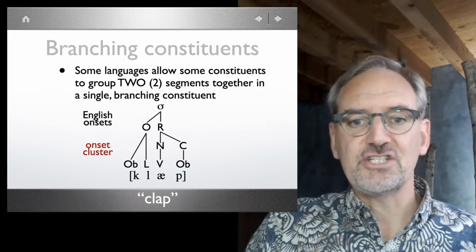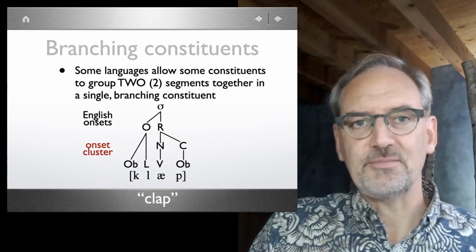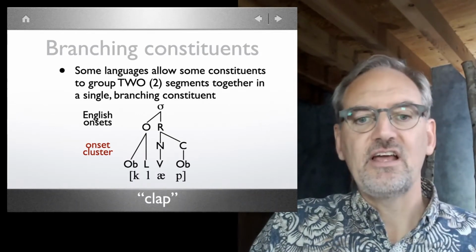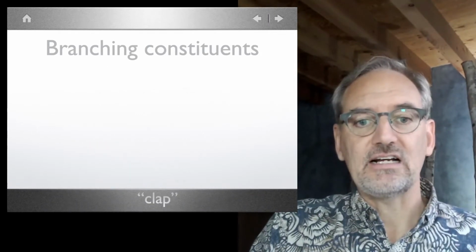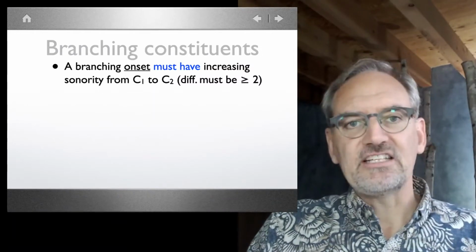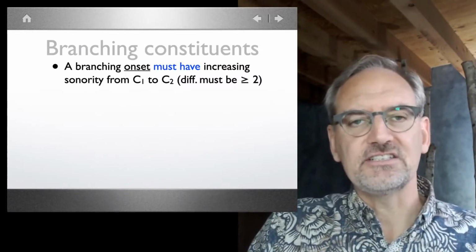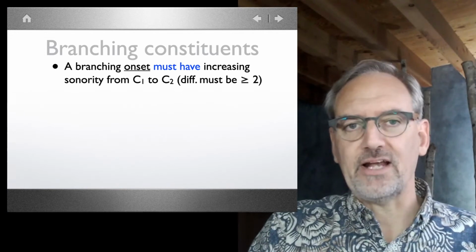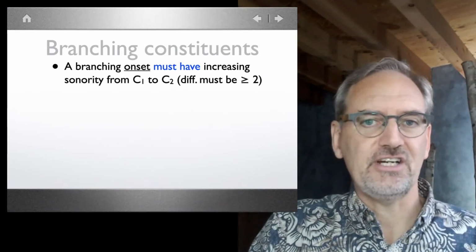Okay, so branching constituents allow two segments in the constituent, and we've seen already the word clap. Right? Now, it's not any pair of consonants that can appear in a branching onset or in a branching coda.